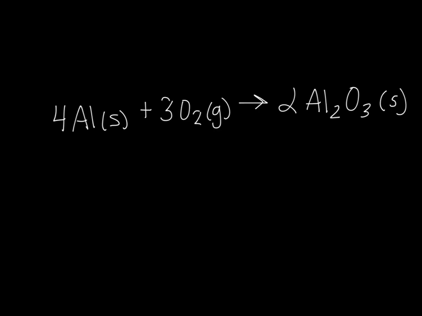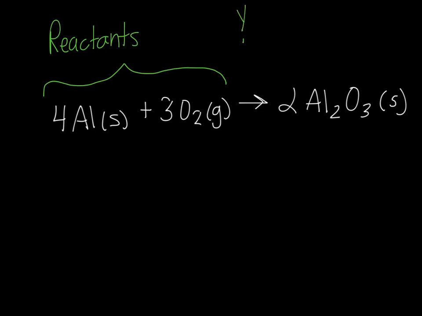Let's label the parts of those reactions. First, on the left, we have the reactants. Then we have our arrow, which stands for yields or produces.